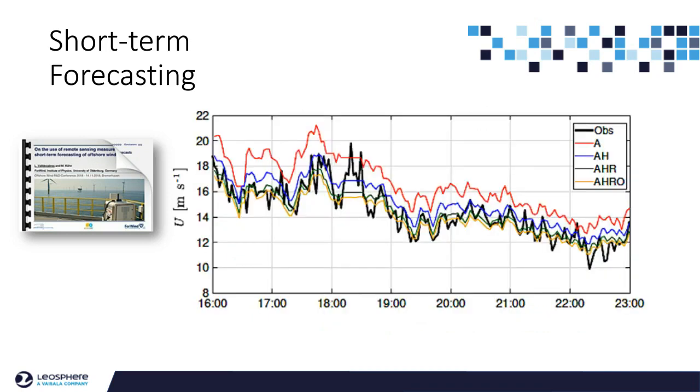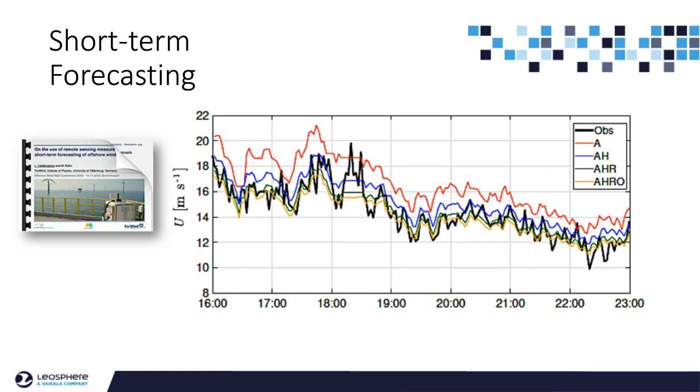So we have here the wind speed data in a specific time frame, and here we have the LiDAR data in black compared to several advection models. These models were taking into account, at different levels, the site-specific conditions, whether because of roughness, orography, or height.